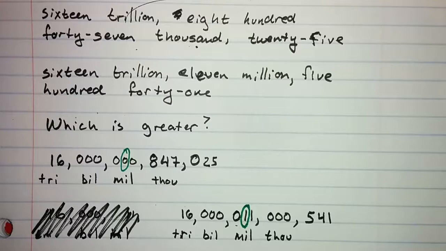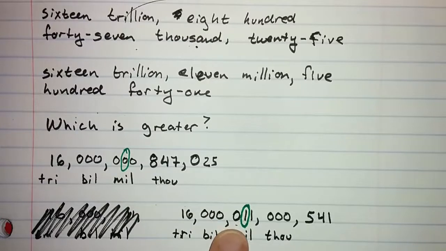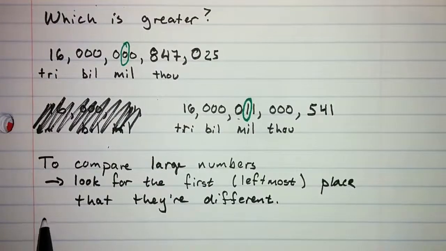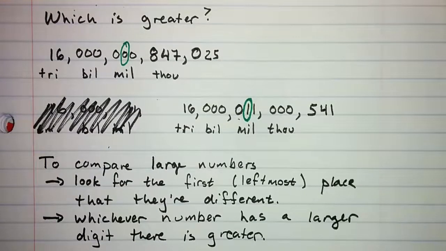Could these later digits make a difference in which one's bigger? Well, no. Even if I had 9,999,999, that's less than 10 million. So this first place that they're different is all that I need to look for. And then once I've found this first place that they're different, whichever number has a larger digit there is greater.